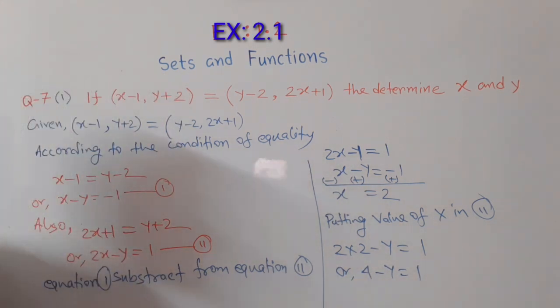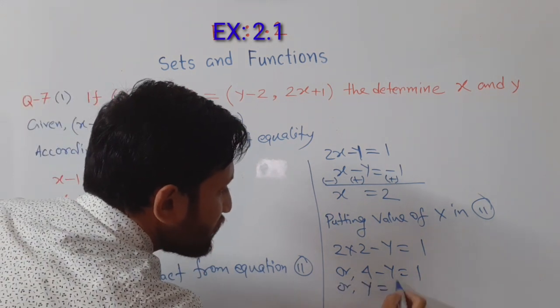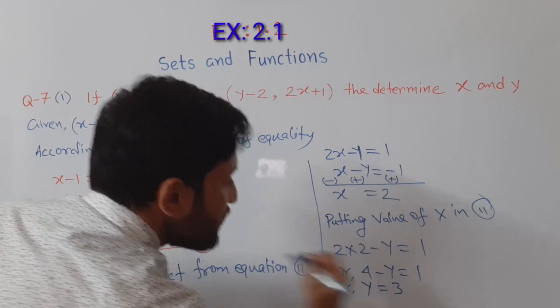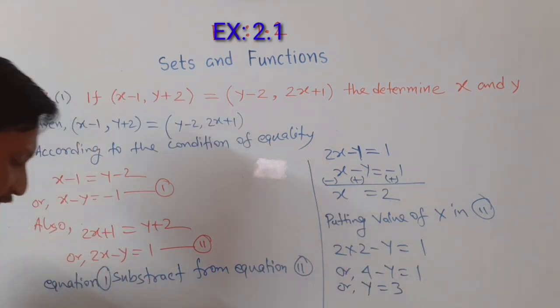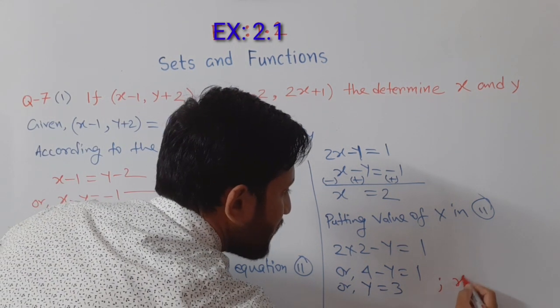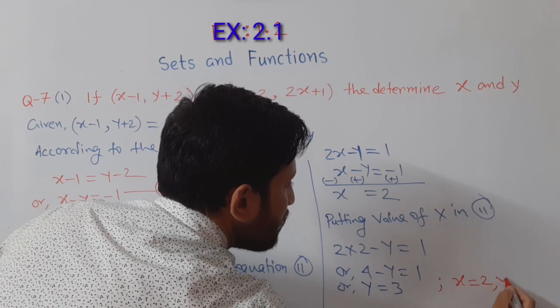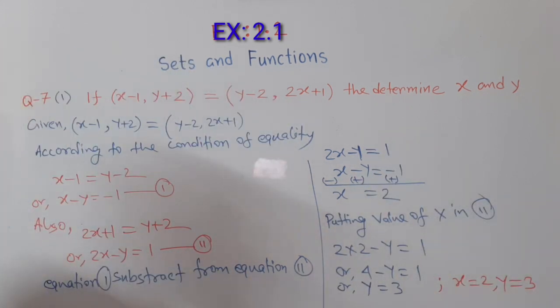So we can write y equal to 4 minus 1, that means 3. So you can say that y equals 3 and the value of x equal to 2. This is our required answer. So therefore x equal to 2 and y equal to 3. This is our required solution. I hope everybody is clear.